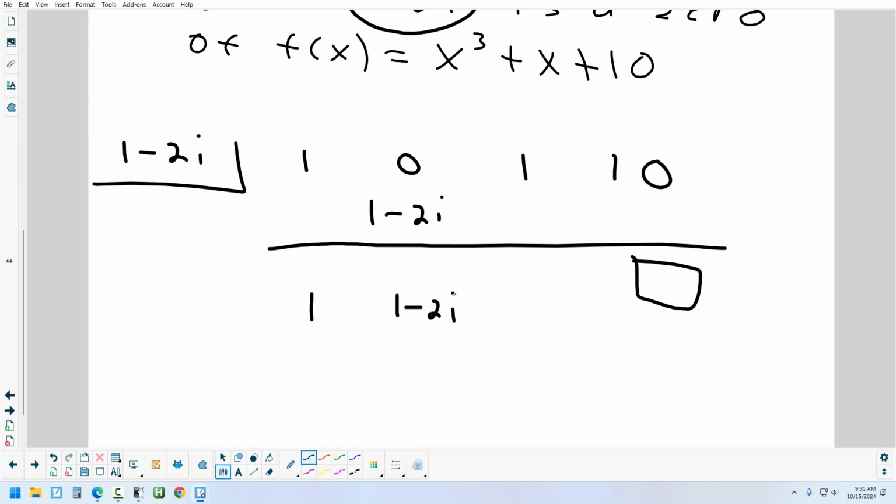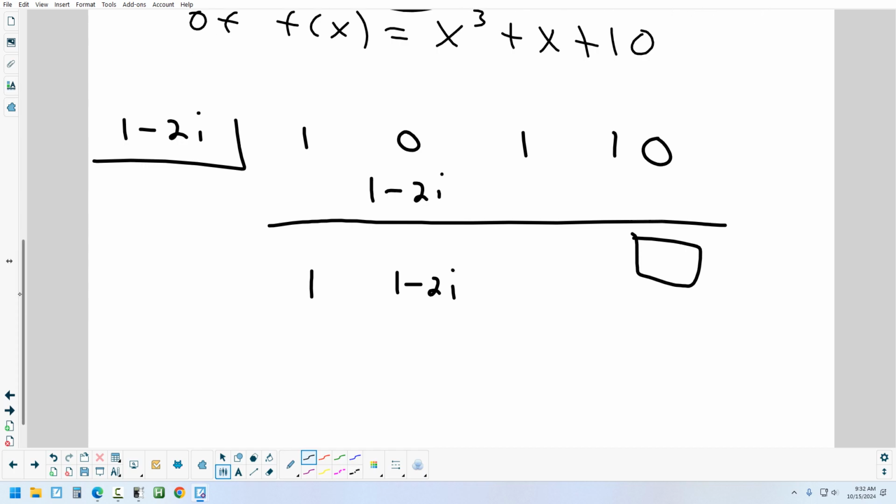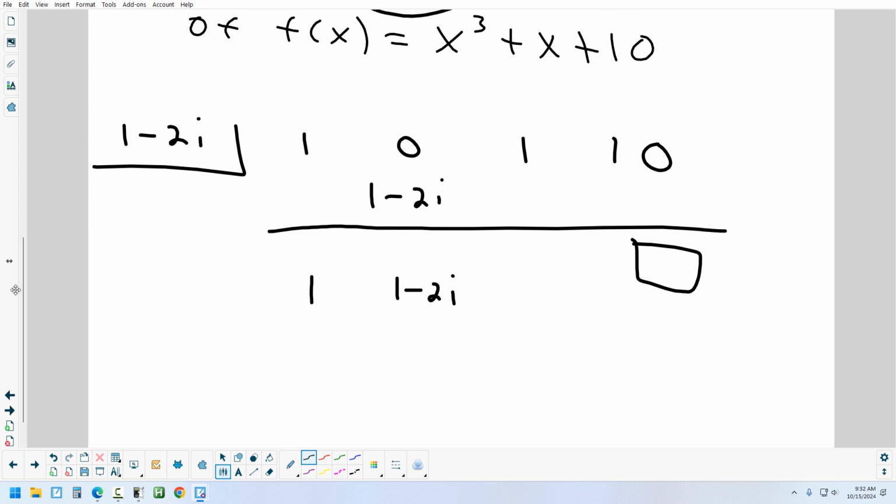Okay, now here's where it gets a little bit more annoying than regular synthetic division. What do I have to do with this 1 minus 2i? Multiply it by 1 minus 2i. Right, I have to multiply what I got in that column by what was on the outside. So that's going to involve foiling. I'm going to do that off to the side, and then I'm going to put the answer right there.